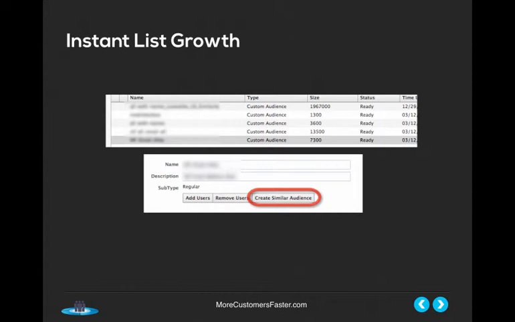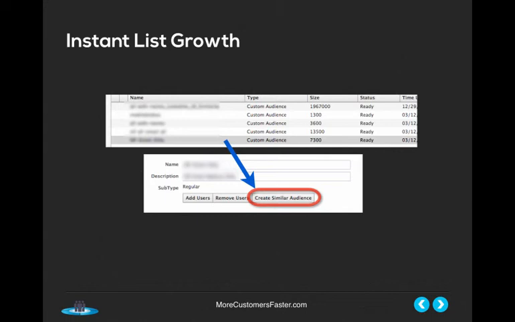So once you have your custom audience there, you can click on any one of the custom audiences you have listed, and it's going to give you the ability to create a similar audience. Facebook doesn't tell you exactly what they do, but what we believe they do is take your current list and a number of variables.